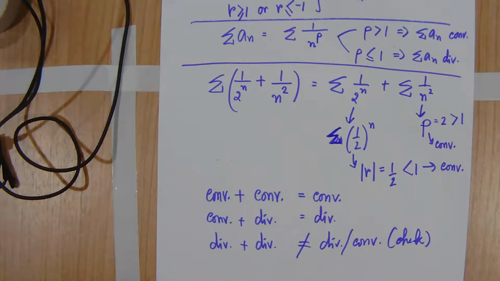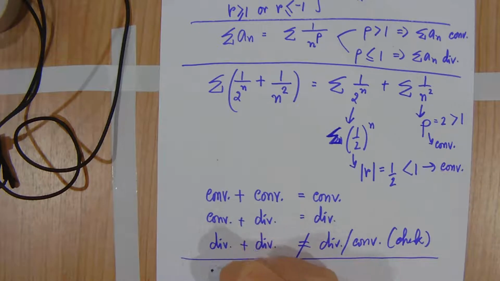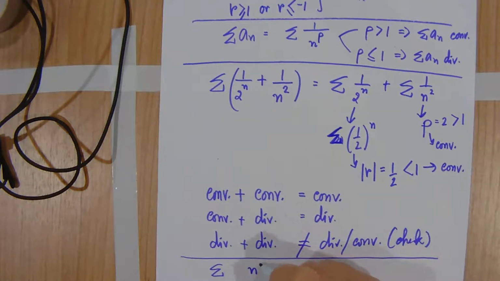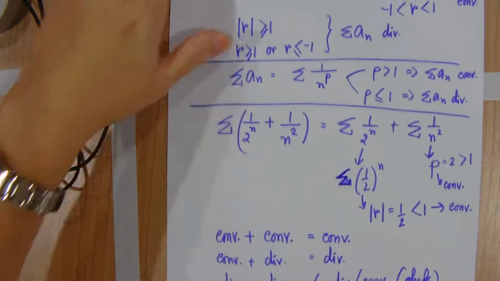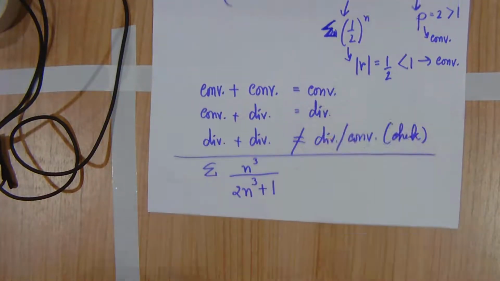If you would like to use the test for divergence, for example, the summation of n cubed over 2n cubed plus 1. This is the term a_n.